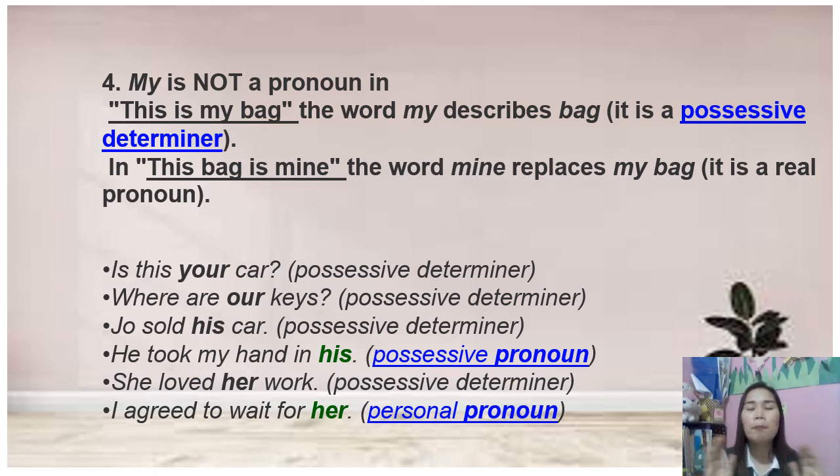That is a possessive pronoun because his replaces his hand. Okay? She loved her work. So again, it is a possessive determiner. I agreed to wait for her. Now it is a personal pronoun. Okay, so you have to be careful and always remember that a pronoun replaces a noun. All right.